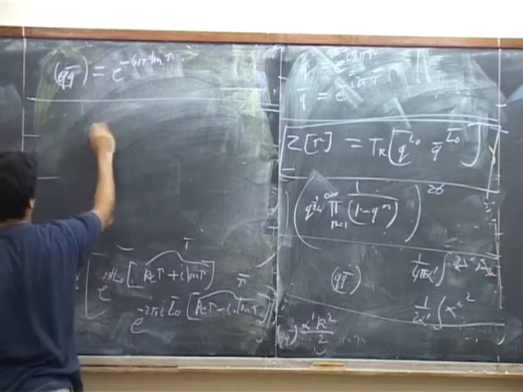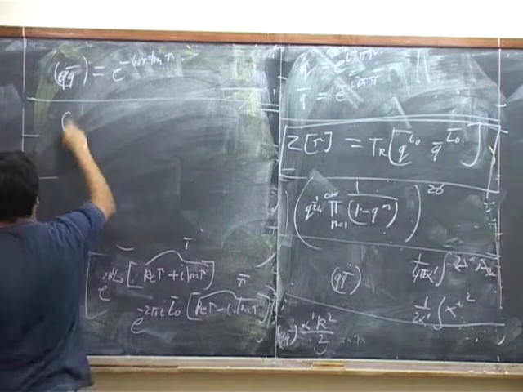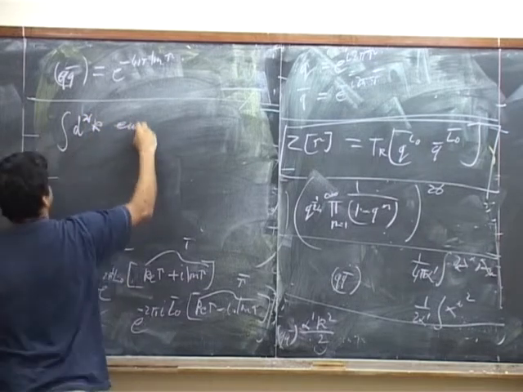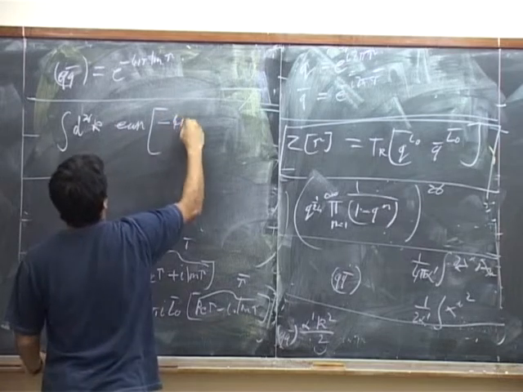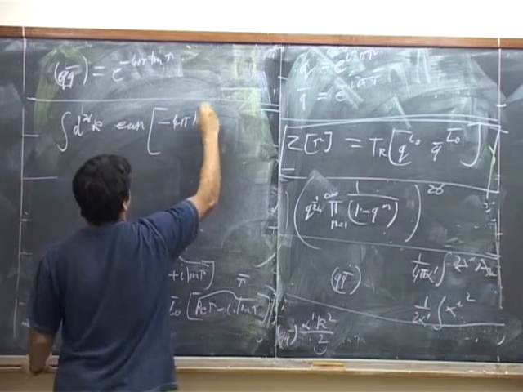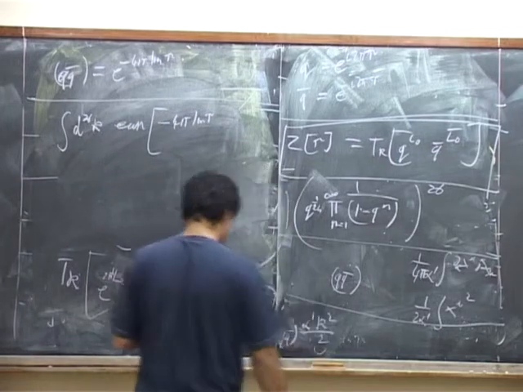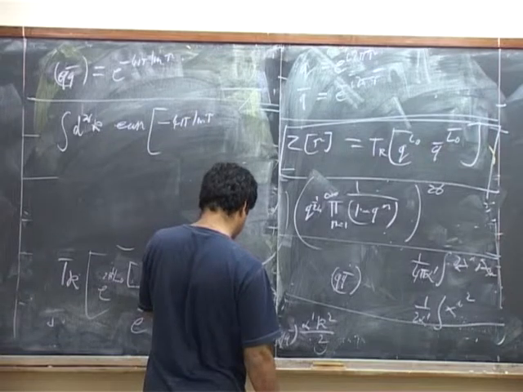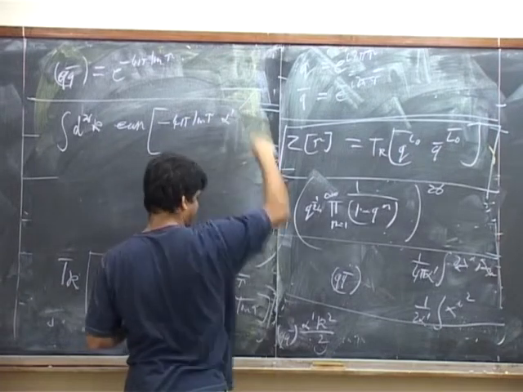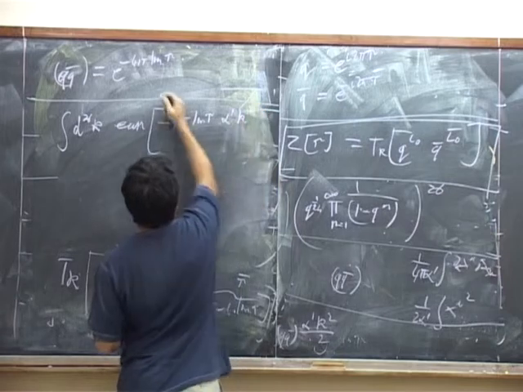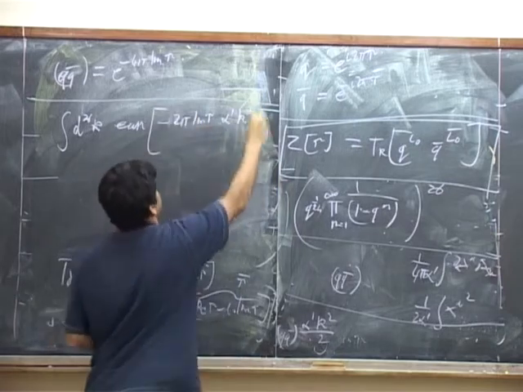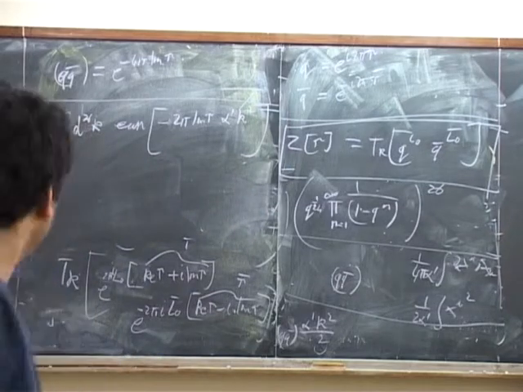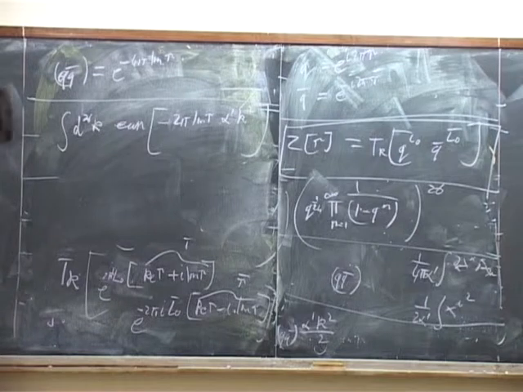So the contribution from the zero modes is simply the integral d26k of exponential of minus 4 pi Im tau times alpha prime k squared by 2. The contribution to the partition function from the zero modes is simply this function.